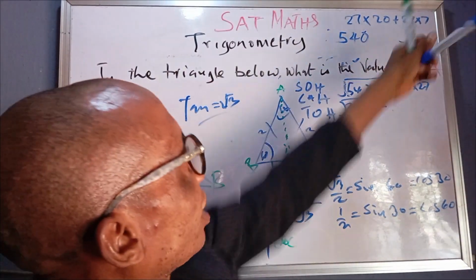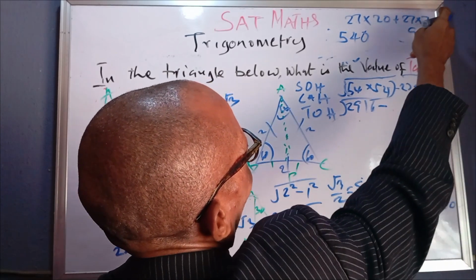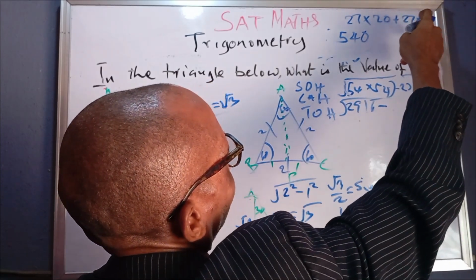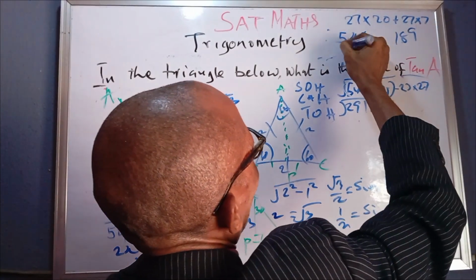Then 27 times 7, 7 times 7 is 49. Write 9, take 4. 7 times 2, 14, plus 4, 18.